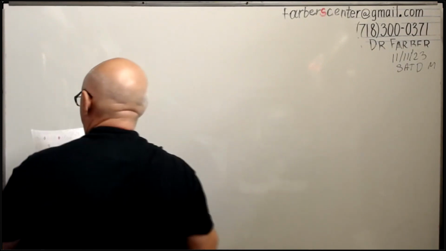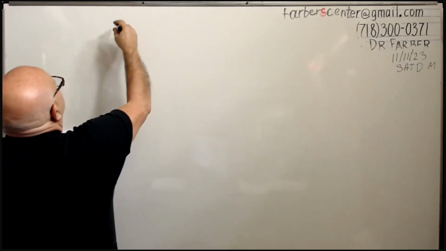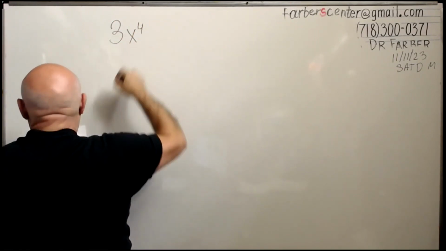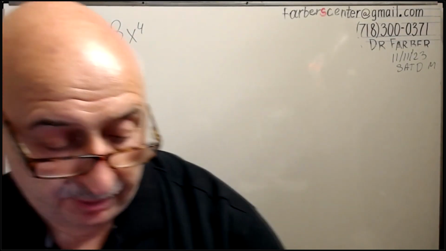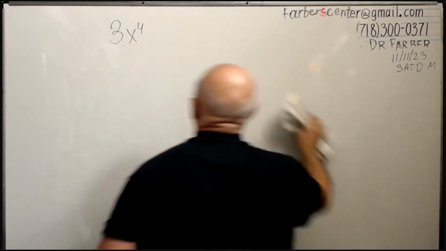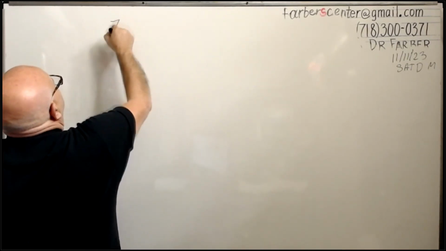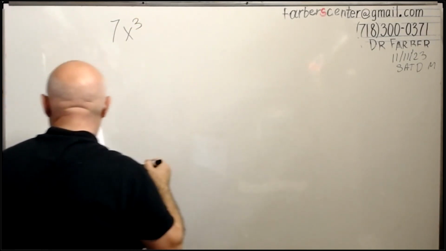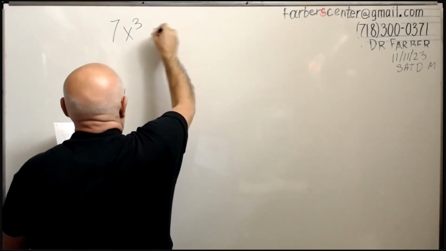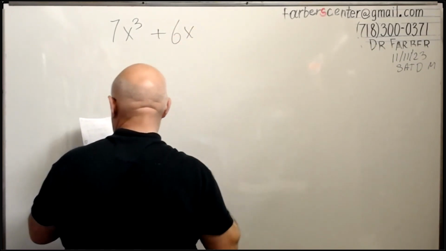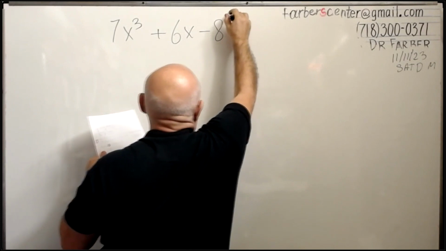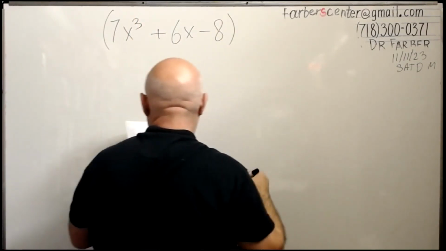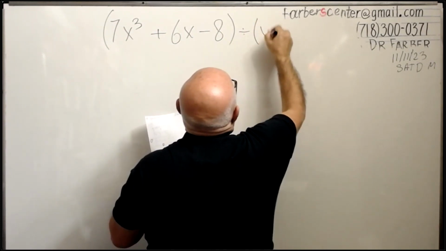Let's say you have this one: 7x to the third plus 6x minus 8, and you divide it by x minus 4.